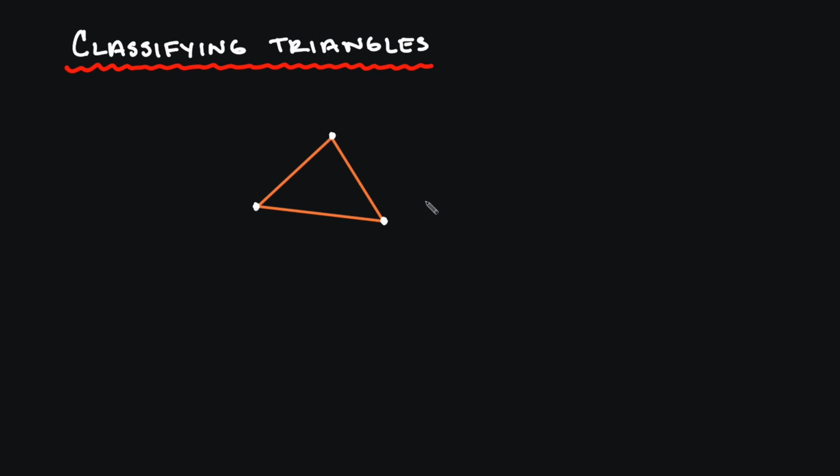One way of naming a triangle is putting capital letters to each one of these vertices. So we call this A, we call this B, and we call this C. And like this, we can call this triangle ABC. Triangle ABC is this triangle.